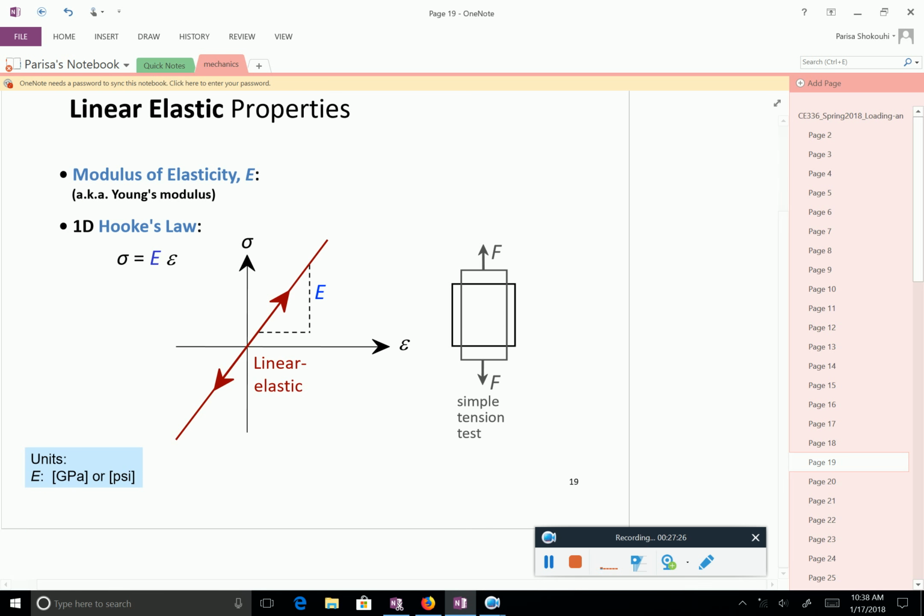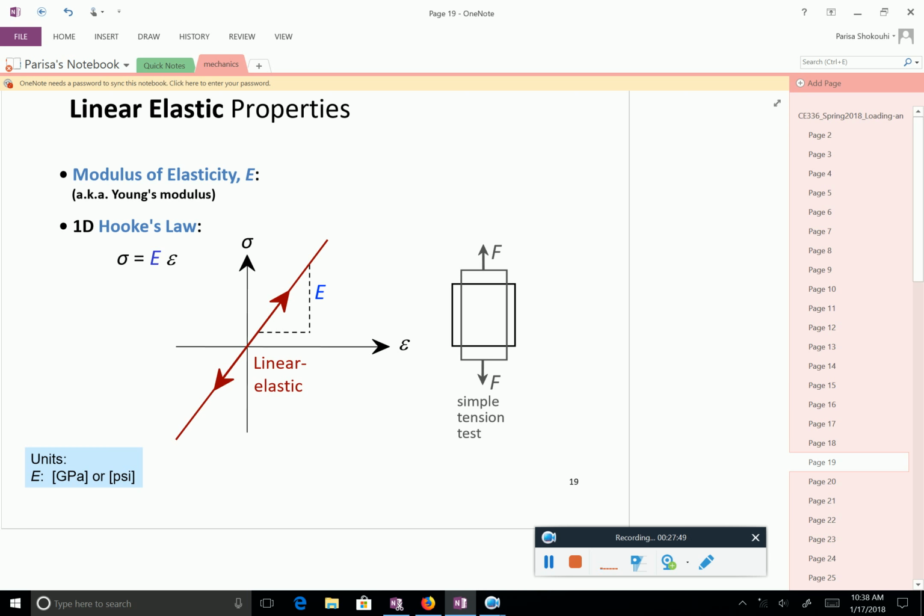Now we are going to talk a little bit about material properties. This is a materials class, so basically we want to talk a little bit more about the relationship between stress and strain, which is defined by material properties.